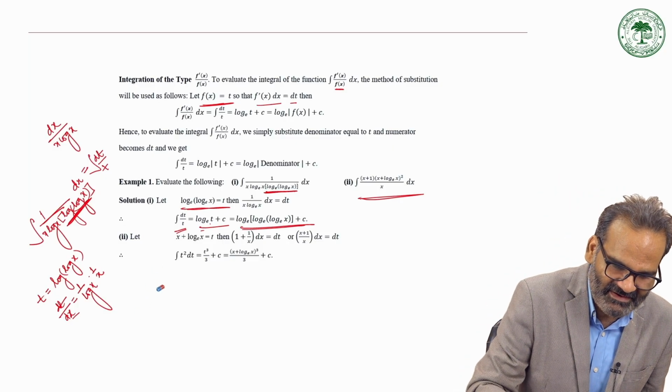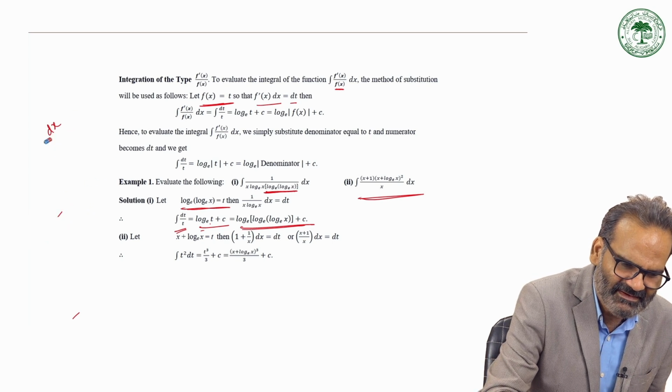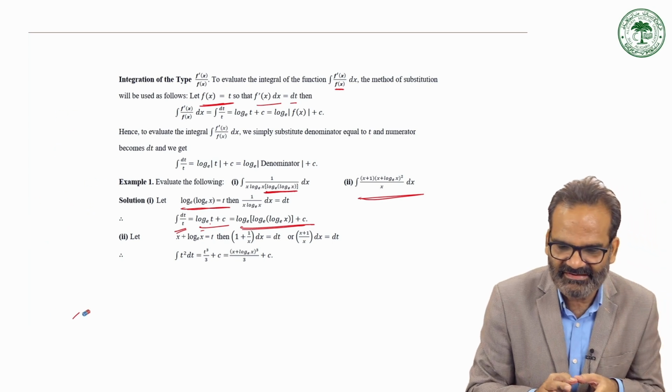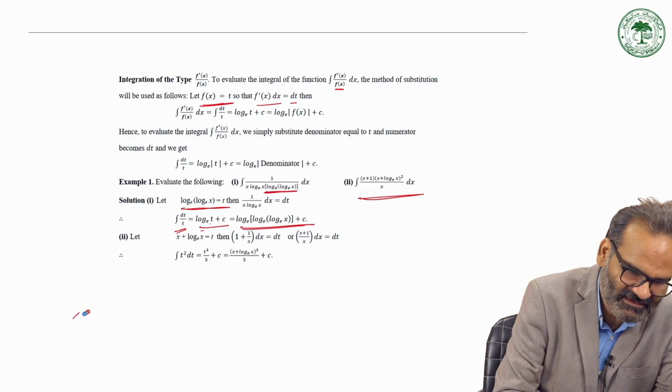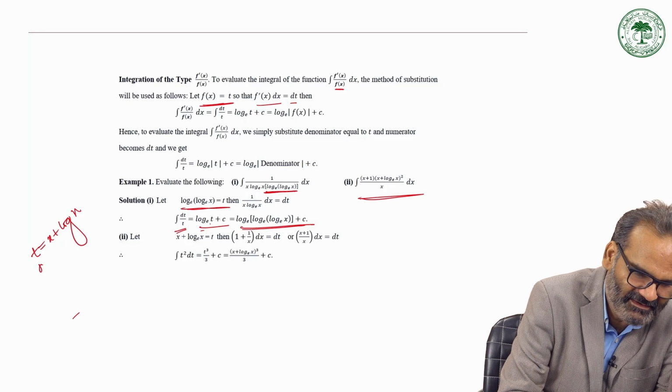So this is how we can choose what portion should be taken as t. So see here, if we take x plus log x equal to t, right? Then dt over dx is what?